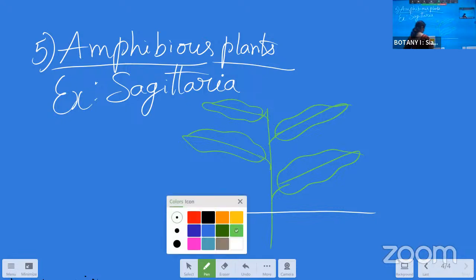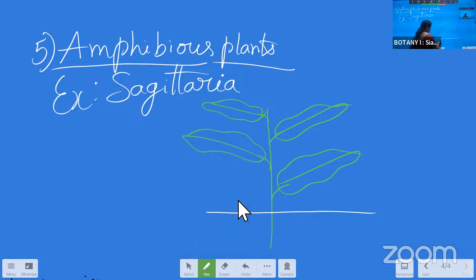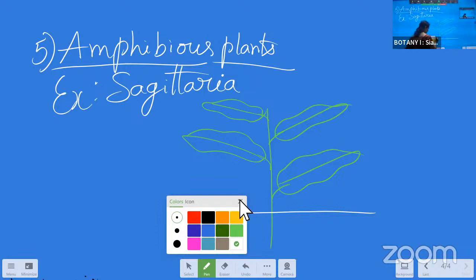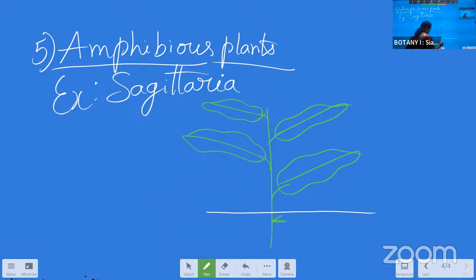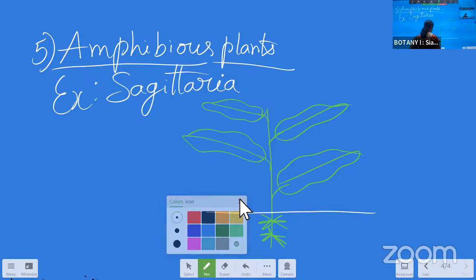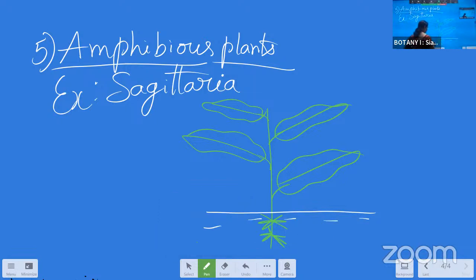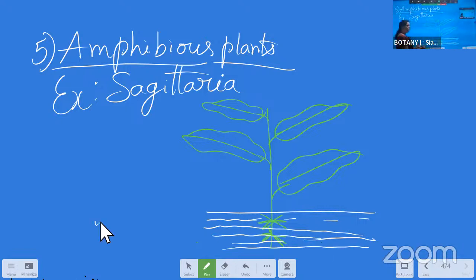And the roots and the leaves which are present below the water are highly dissected. Like this. This is how the plant lives. Without the water also it can survive. But one-fourth of the plant is under the water and three-fourths will be above the water surface. That is the amphibious hydrophytes. So in this, the best example is the Sagittaria.